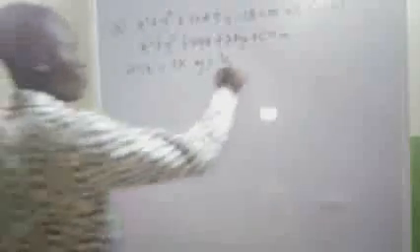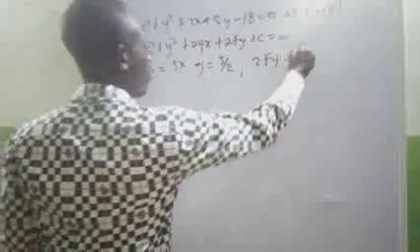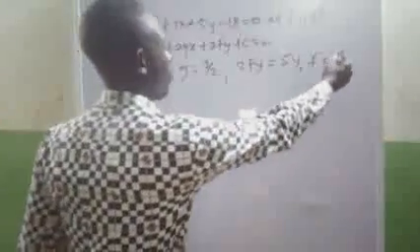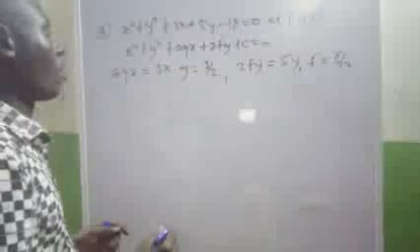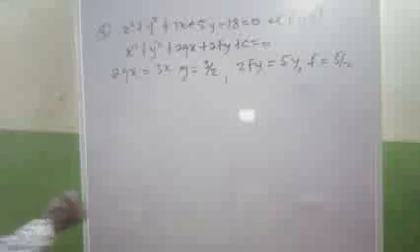And also you have your 2fy will be equal to 5y, so that f is equal to 5 over 2. So now we can substitute this into the formula.